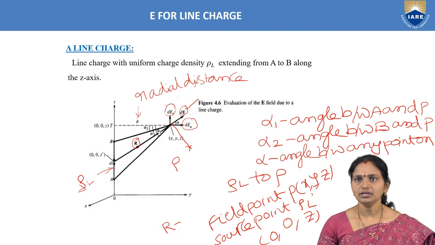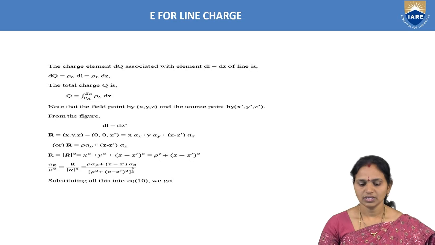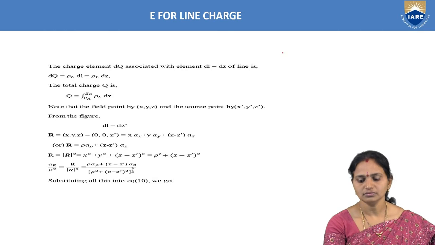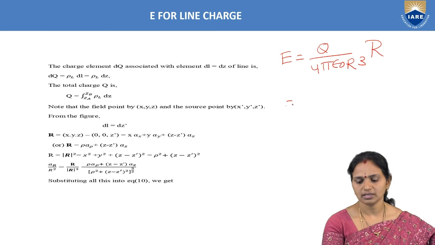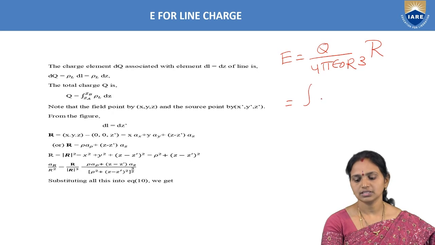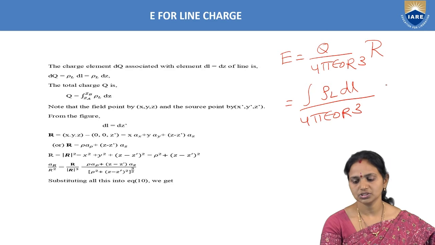So for that, we will start with the equation E equal to Q by 4 pi epsilon naught r cube into position vector or displacement vector r. By replacing Q with rho L dl, this is the integral of rho L dl by 4 pi epsilon naught r cube into vector r.